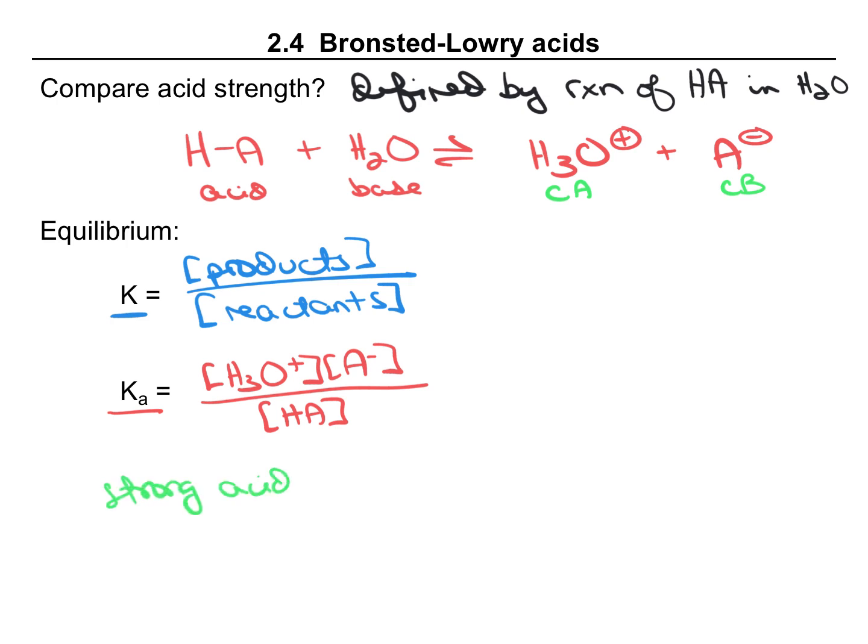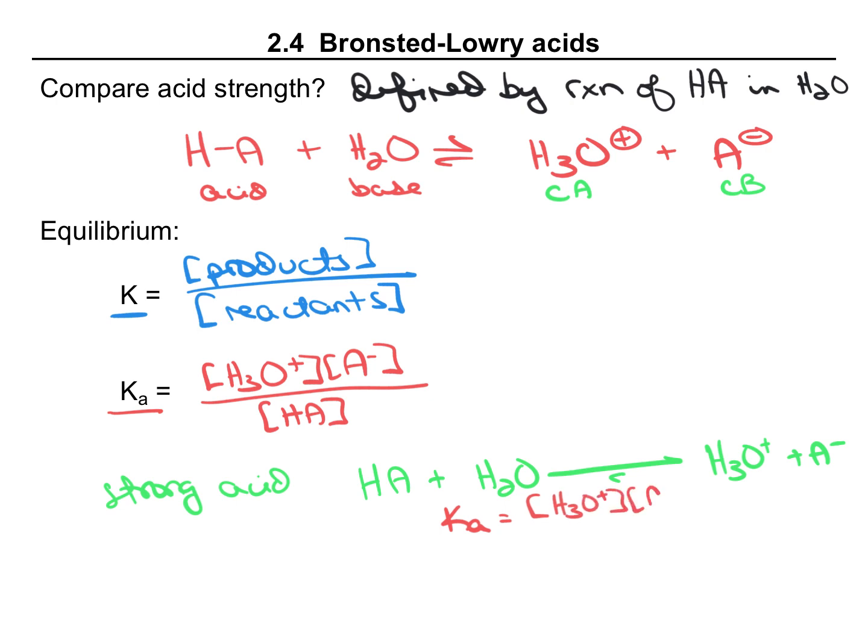One way to think about that is that HA plus water is going to react very far to the right to give H3O plus and A minus. In this case, the equilibrium lies very far to the right. So as we think about the equilibrium expression, our Ka is the concentration of H3O plus times the concentration of A minus divided by the concentration of HA.